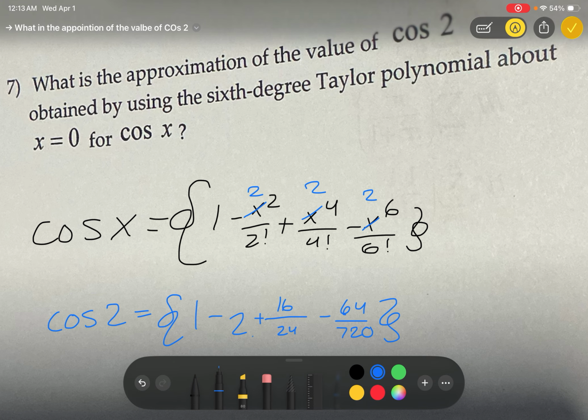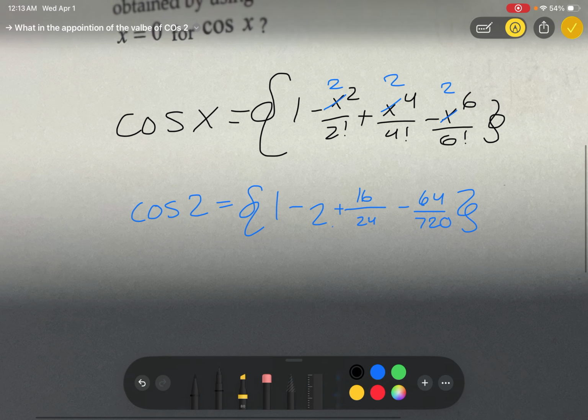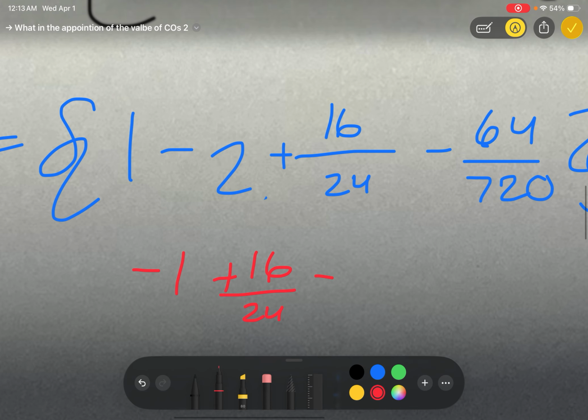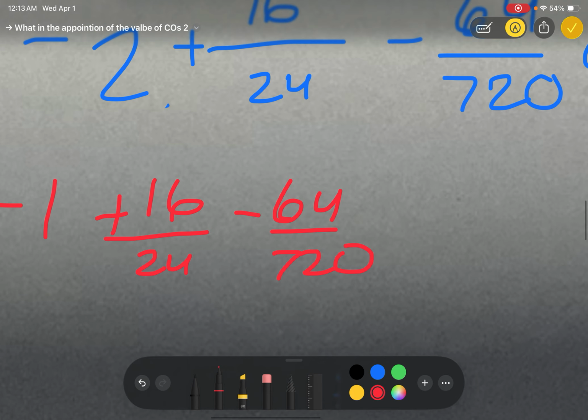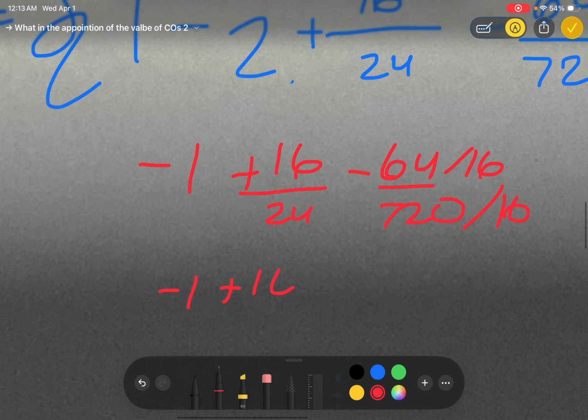And now it's asking for the approximation of this using the sixth degree. So we already finished the expansion. Now we're going to simplify everything. 1 minus 2 is just going to be negative 1 plus 16 over 24 minus 64 over 720. 64 over 720, well, we can simplify that and divide both by 16, which gives you negative 1 plus 16 over 24 minus 4 over 45.